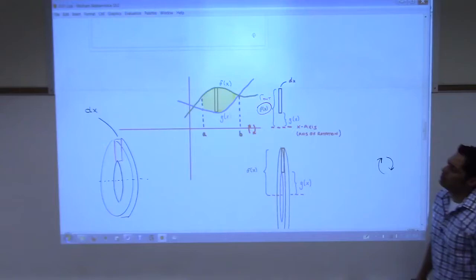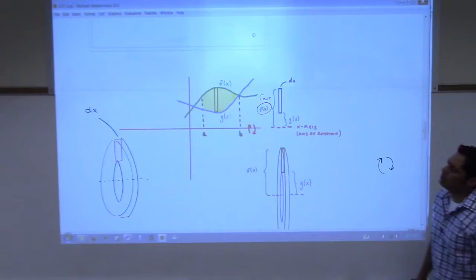So what would this be? Integral a to b of f of x minus g of x, dx. That's it right there.